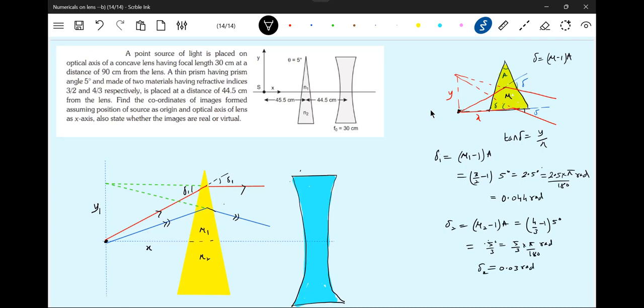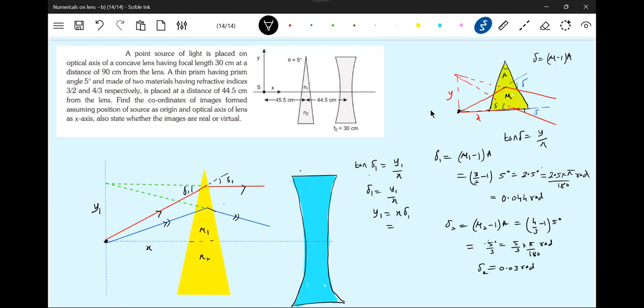Now we'll calculate y1. What is tan delta 1? It equals y1 by x, or since it is very small, y1 by x. So y1 equals x into delta 1.